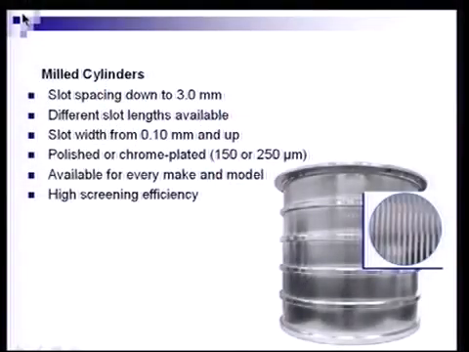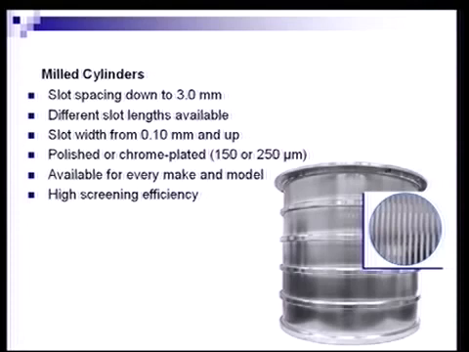So let's take a look at the different cylinders that might be recommended. There are milled cylinders, and these cylinders are made by starting with a flat piece of sheet steel and sawing a contour in one side, flipping it over, sawing the slot width in the other side, and then rolling it up, putting flanges on it, putting rings on it, and putting it in the pressure screen. This is a very, very good, robust screen cylinder design.